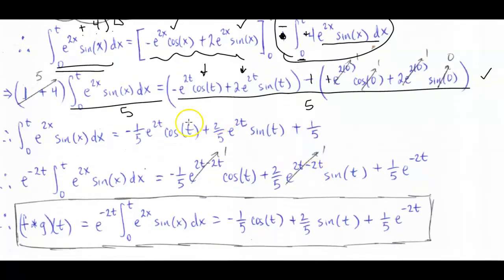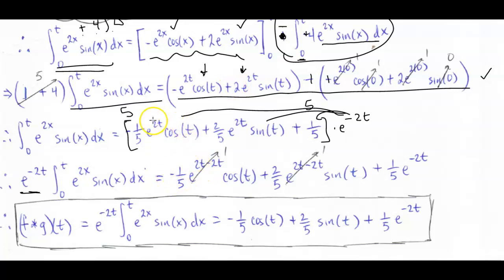So now to finish up, now that we have this expression here, all that we're going to do to get the final integral is multiply by e raised to the negative 2t, which basically means we're going to distribute this to all 3 terms. And if you notice here, anytime you have e raised to the 2t with e raised to the negative 2t, that ends up being e raised to the 0, which is just 1.